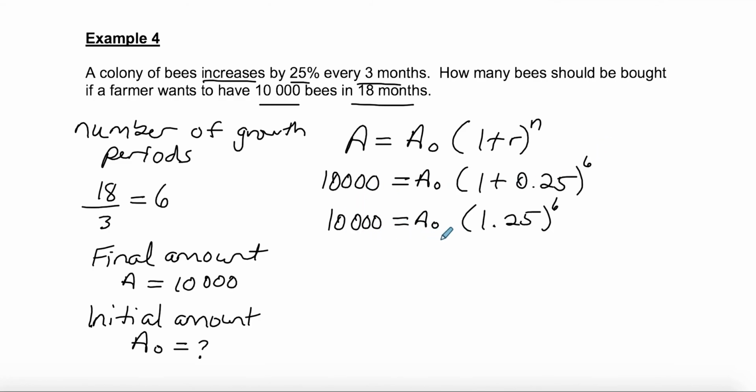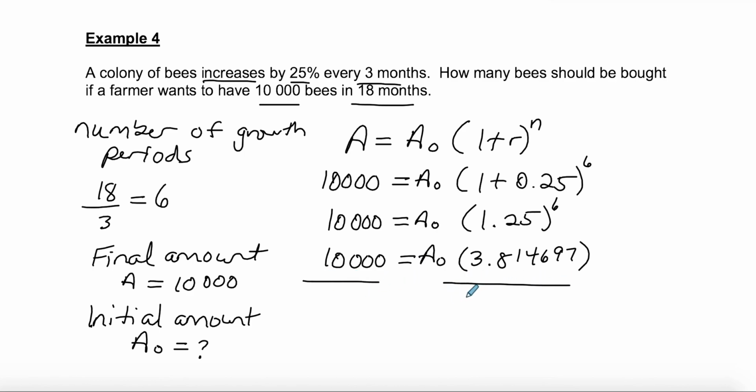So my goal is to isolate the initial amount. I might simplify further on the right. I see that 1.25 to the 6 is about 3.814697. If I round it off, I'm trying to leave quite a few decimal places just to be accurate.